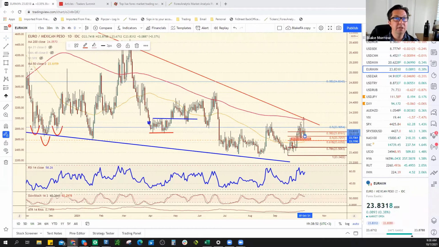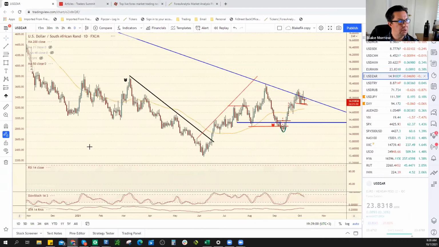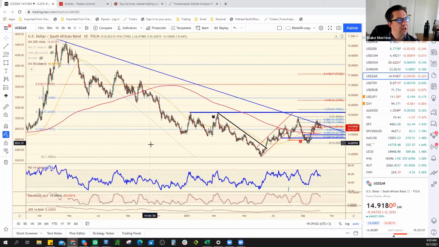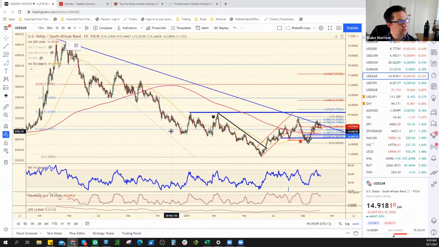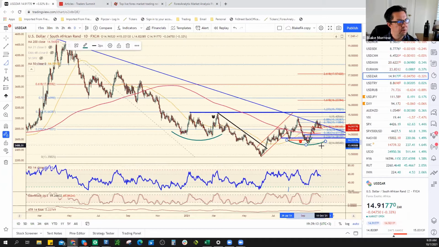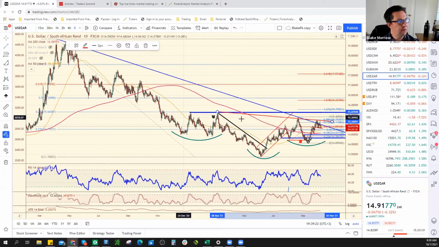Dimitri said the ZAR looks like an inverted head and shoulders on the weekly. Let's take a look. It does. Yeah, I'd go with that. I mean, hell, we could do this, and then do this, and do that.